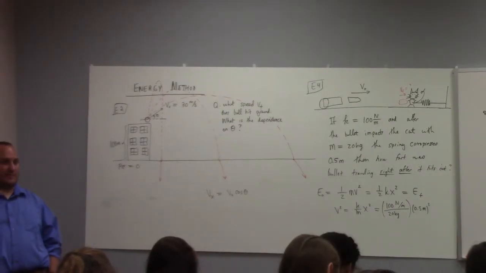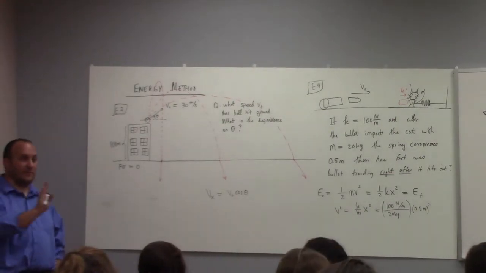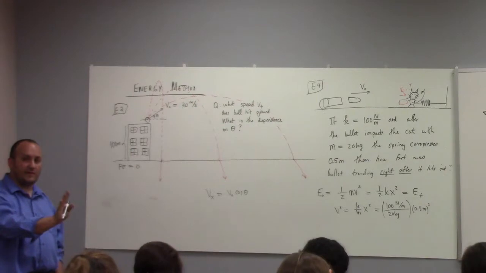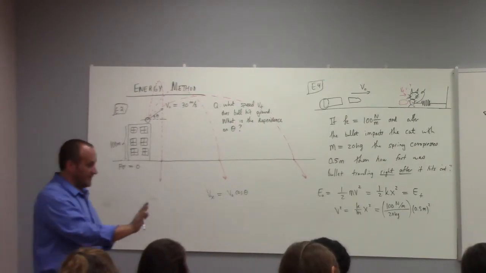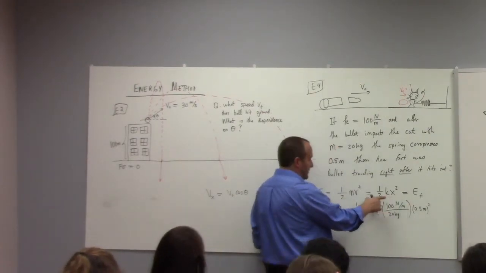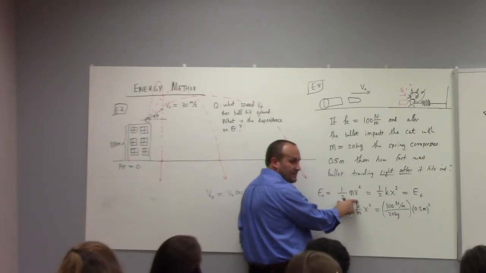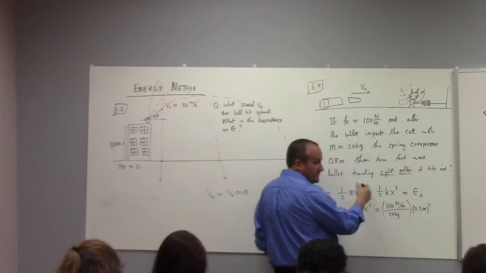The maximum compression happens when the spring stops and then starts to go back. So at the maximum compression, the speed is 0. The kinetic energy is 0 at maximum compression, is my point. That's why there's no kinetic energy term over here. On the flip side, this is purely kinetic. So the spring is allowing us to convert this kinetic energy to pure spring potential energy, right?